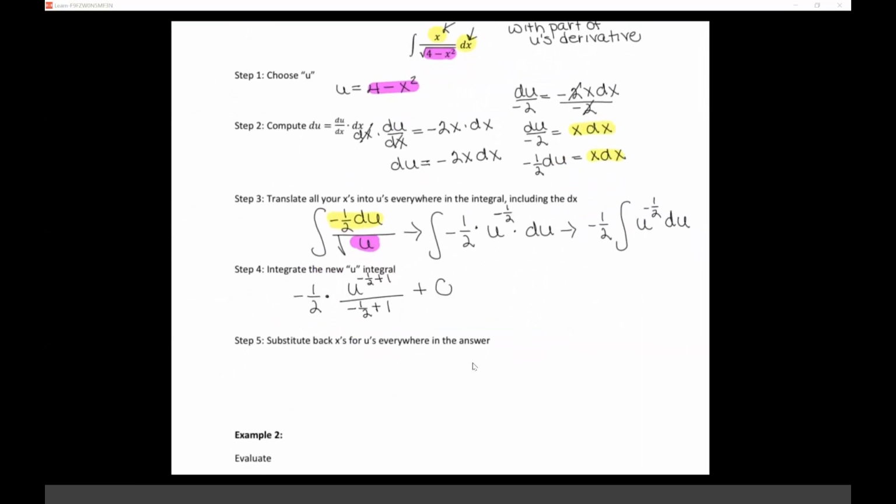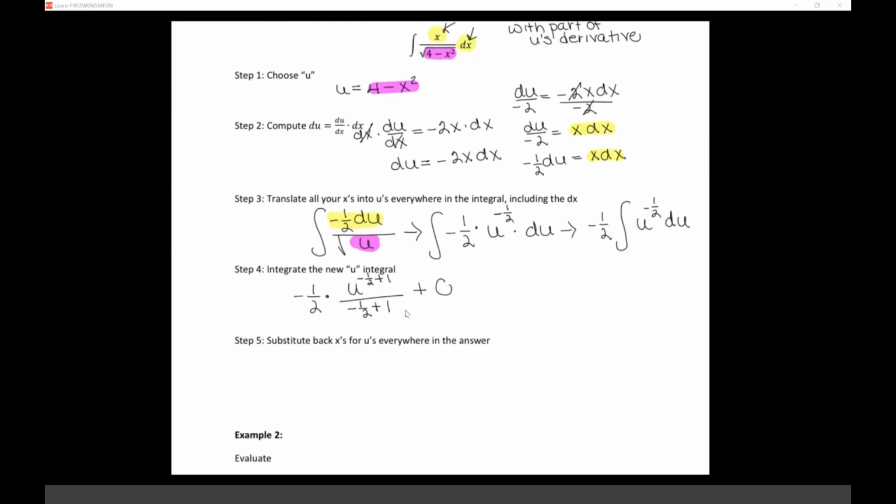This step 4 here and taking the derivative of u are the only two calculus steps. So step 2 and 4 are the only calculus steps. Everything else is algebra. Algebra and judgment, basically, like picking u.